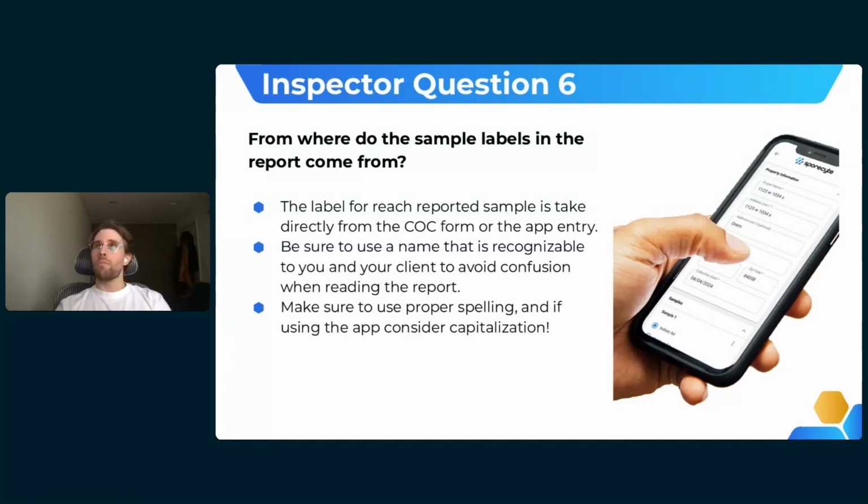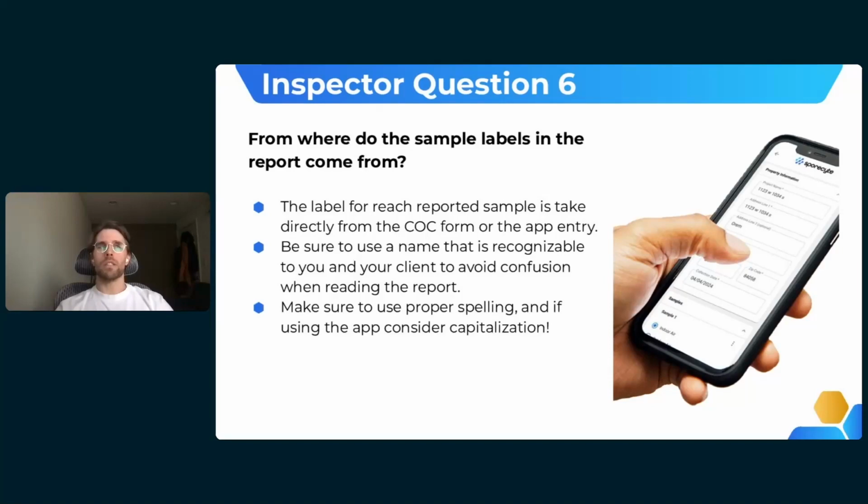And this is really important that you take care when you enter these things in, because we will put them into the system as they appear on the app or on the chain of custody form. So making sure you're spelling, you're not using shorthand or abbreviations for things that you'd want spelled out in the report.